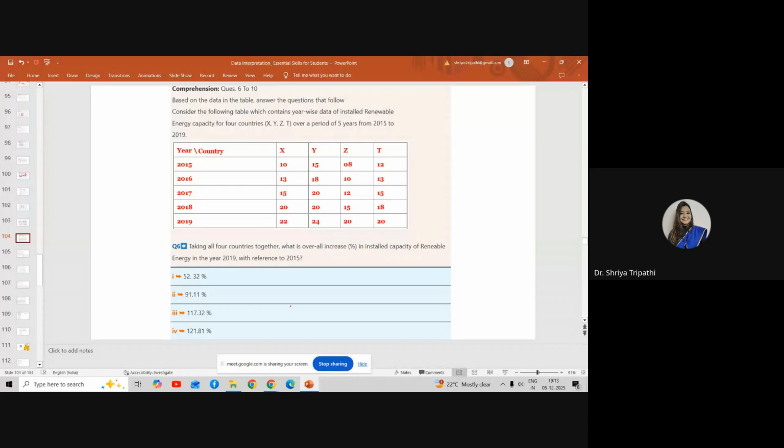Okay, based on the data in the table, answer the following questions. Consider the table that contains year-wise data, installed renewable energy capacity for four countries, X, Y, Z, T, over the period of 5 years from 2015 to 2019. Taking all the four countries together, what is the overall increase in installed capacity of renewable energy from 2015 to 2019?